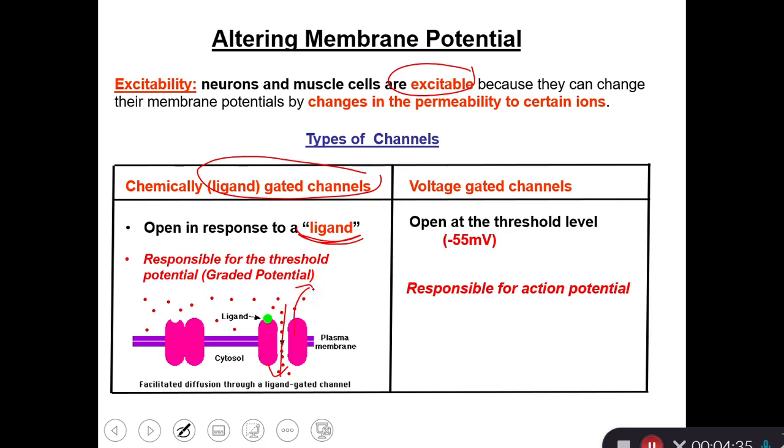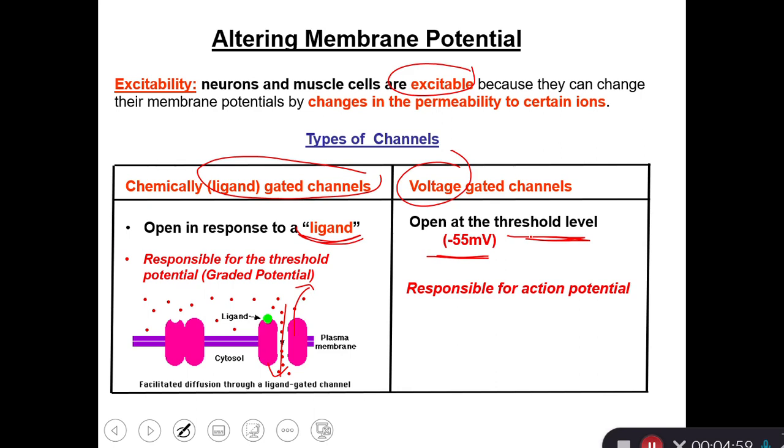We have also voltage-gated channels, but they open only if the membrane potential reaches negative 55 millivolt, which we call the threshold level. At the threshold level, the voltage-gated channels become active.